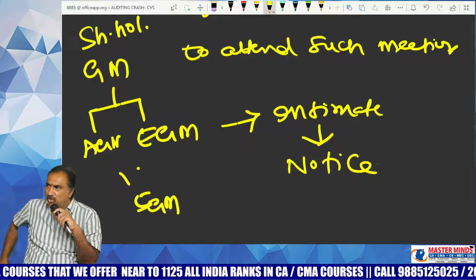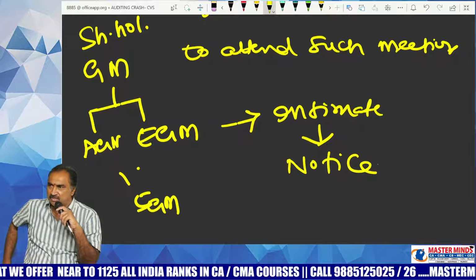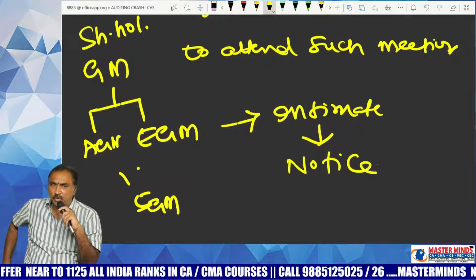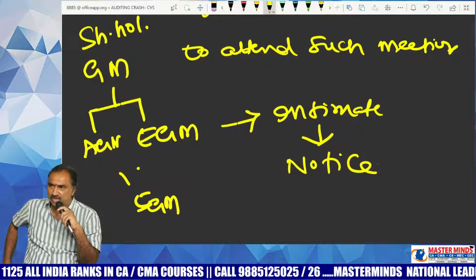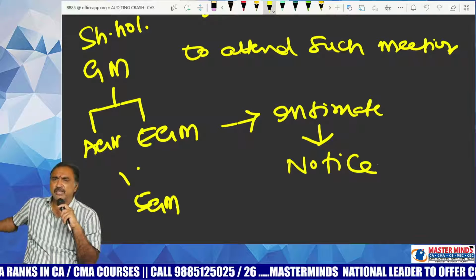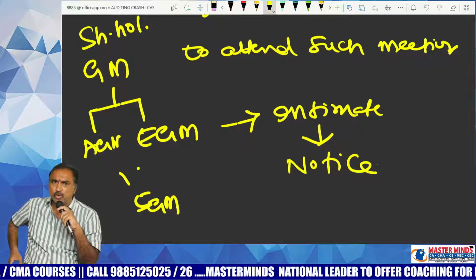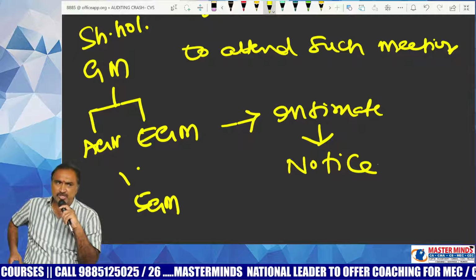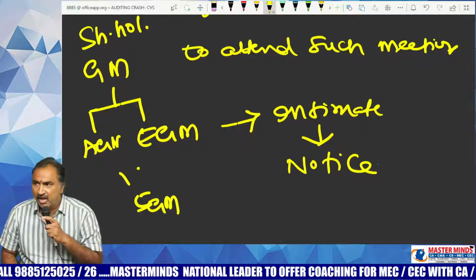A 21 days clear notice shall be provided by the company to the shareholders. Of course, a shorter notice can also be given, provided some conditions that were given in the Companies Act are satisfied. But usually that notice to be given by the company to its shareholders must be a minimum of 21 days clear notice.